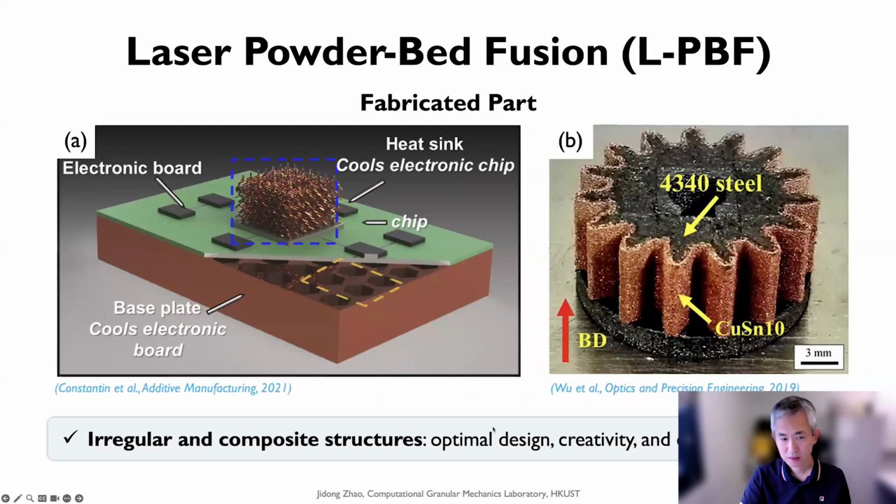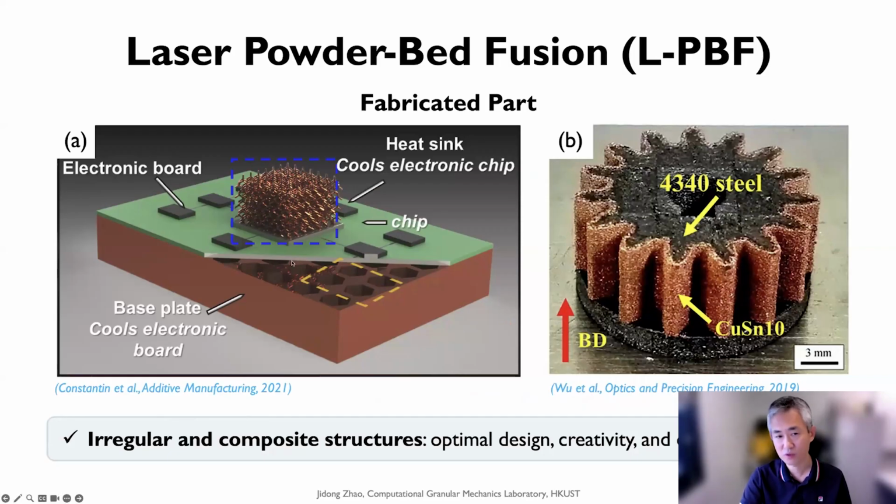Right, and as I mentioned, we can use this technology to fabricate very complex parts with irregular shapes and composite structures. If you use other technologies, it's either very challenging or impossible.